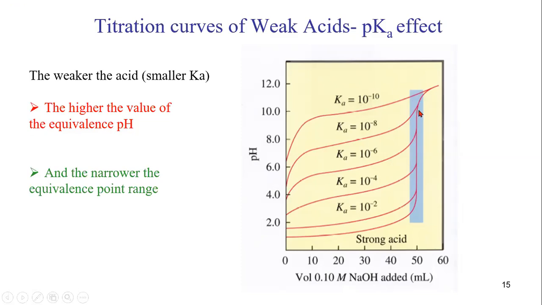As my Ka increases, as you have a higher Ka, it's more acidic, you have a larger region where you have a sharper increase in pH. Okay, and also, as my Ka becomes smaller, the pH at the equivalence point becomes higher and higher.